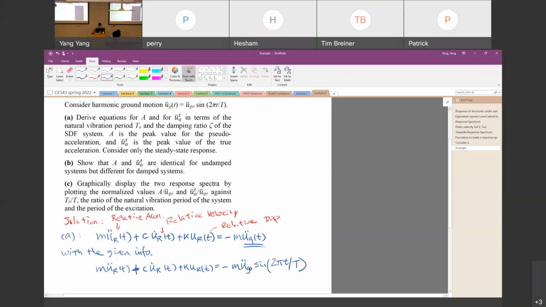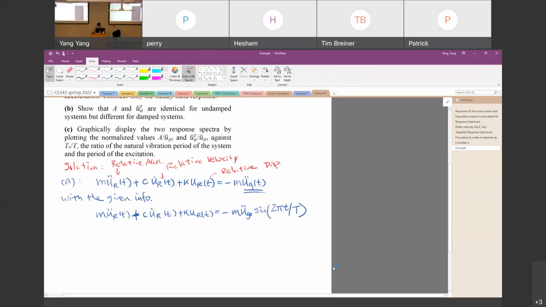Or we can write it in terms of natural frequency other than the natural period here.